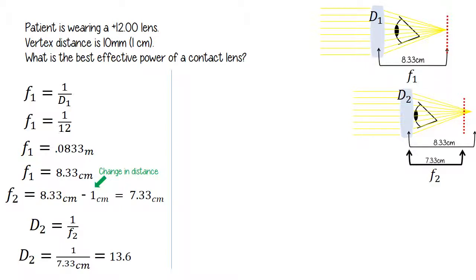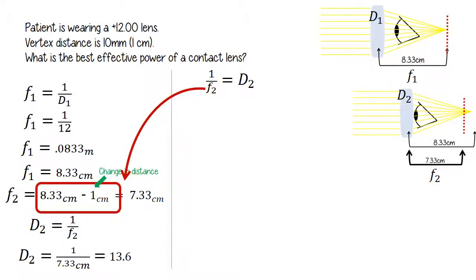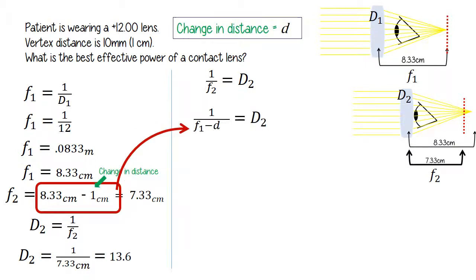So I'm going to start with what we actually want to ultimately find, D2. And in this case, D2 is the best effective power of the contact lens. So we know that D2 equals 1 over F2. We're going to substitute in for F2 the way that we achieved F2, which was by taking F1 minus 1 centimeter, which was our change in focal length distance.